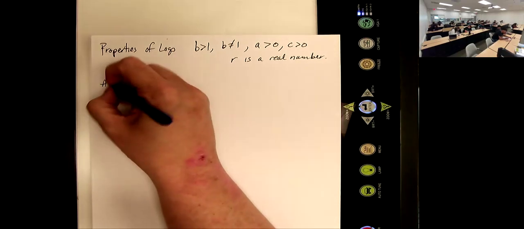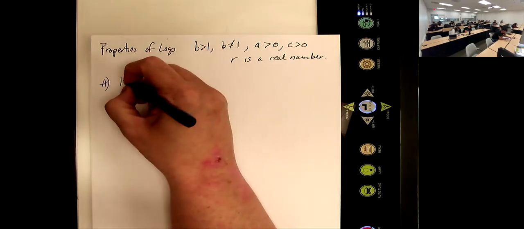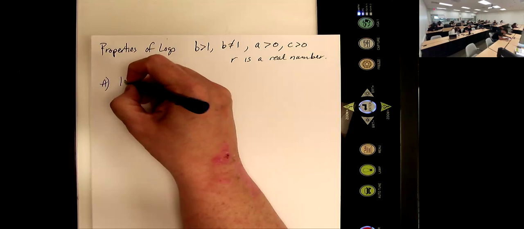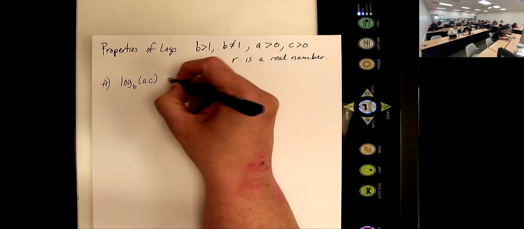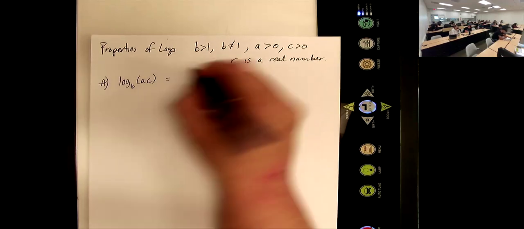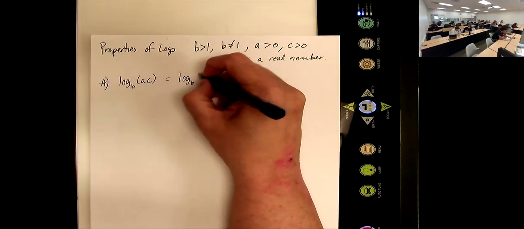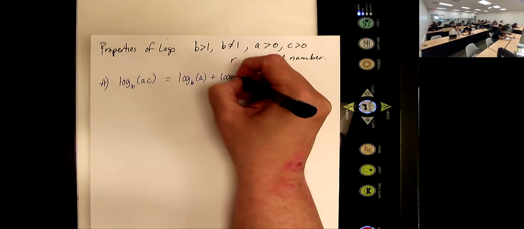Product rule: log base b of a times c equals log base b of a plus log base b of c.